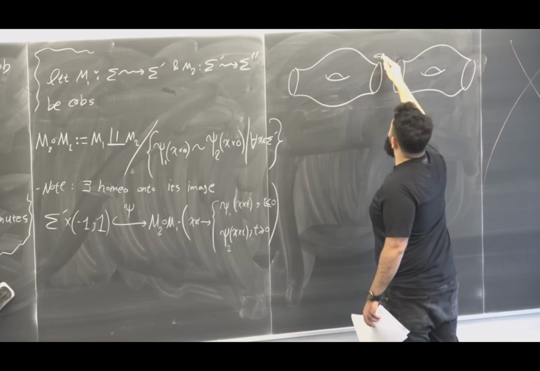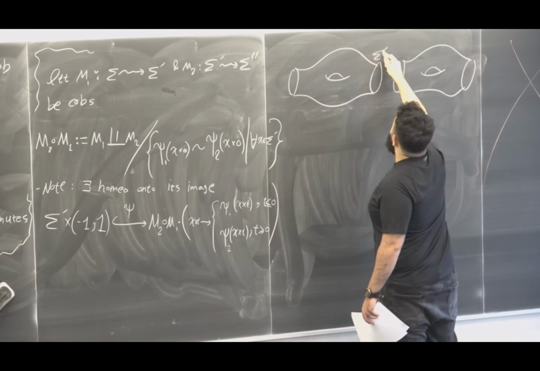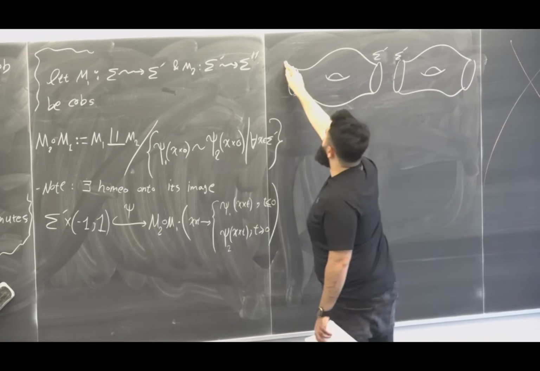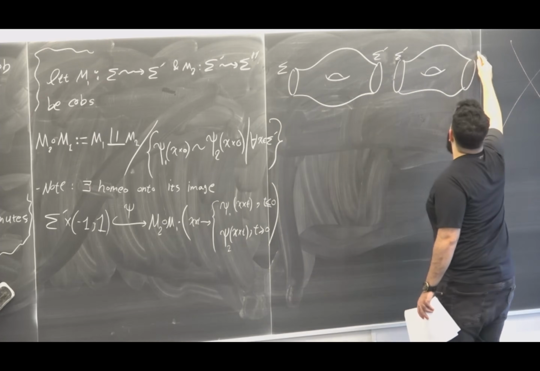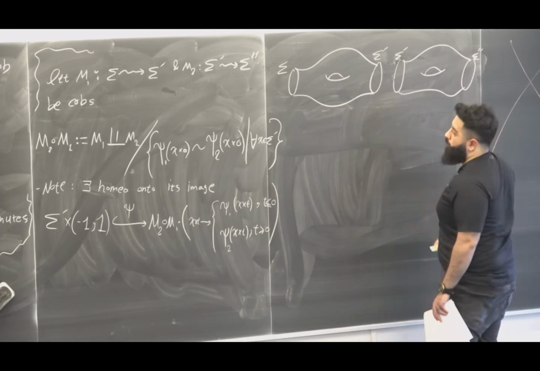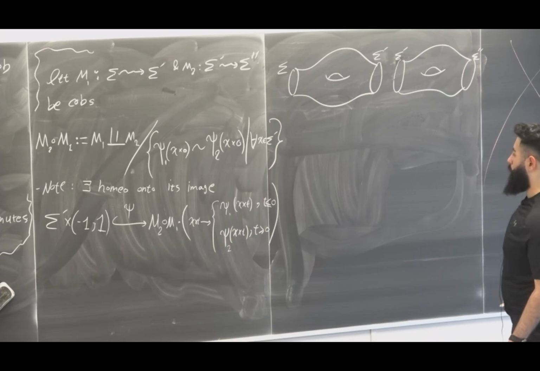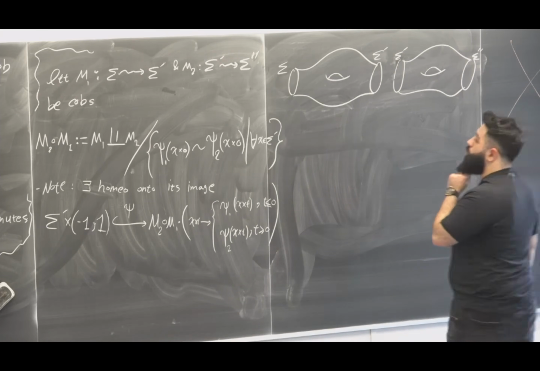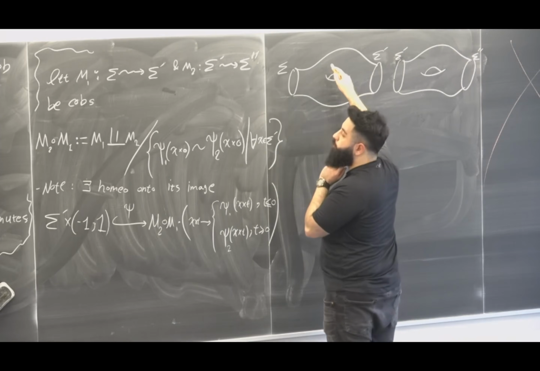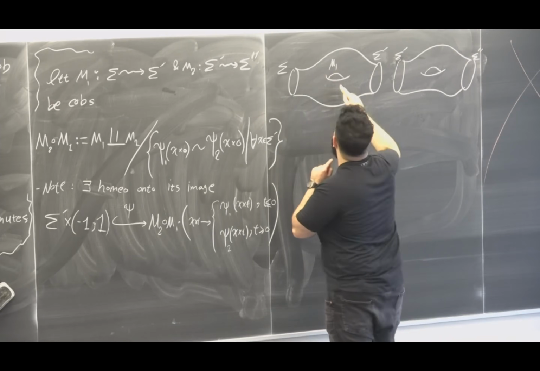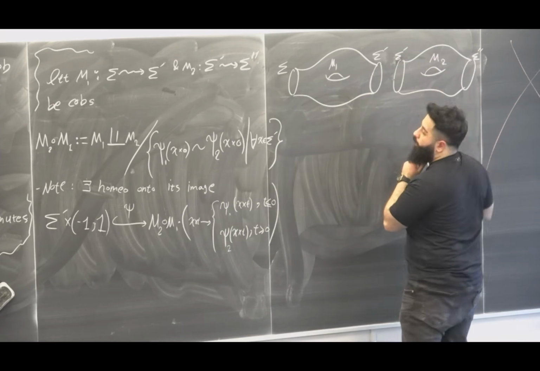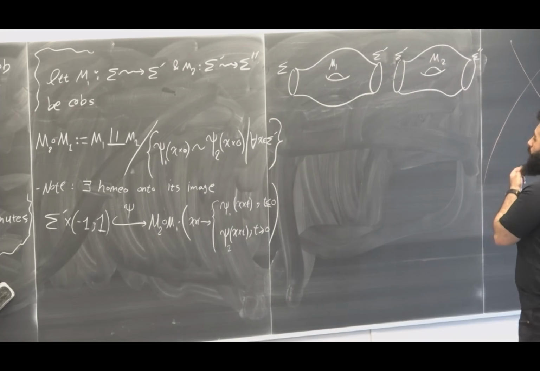So this is sigma prime, this is sigma, and sigma double prime. Okay. So what's going on here? I have the disjoint union of these. This is my M1, this is my M2, and I'm gluing them on sigma prime.